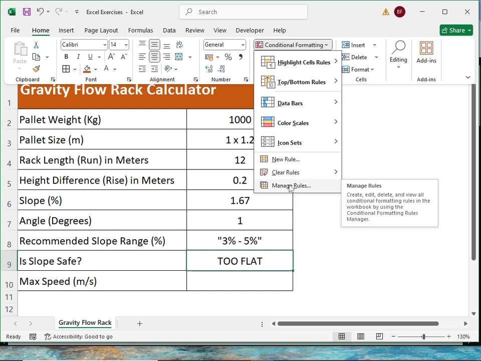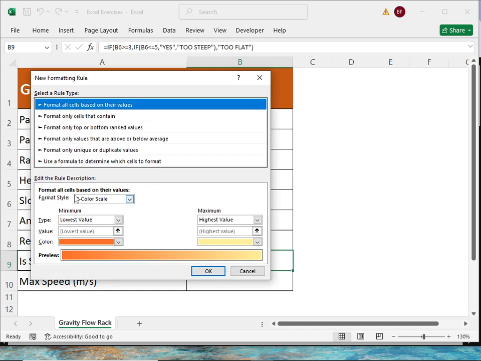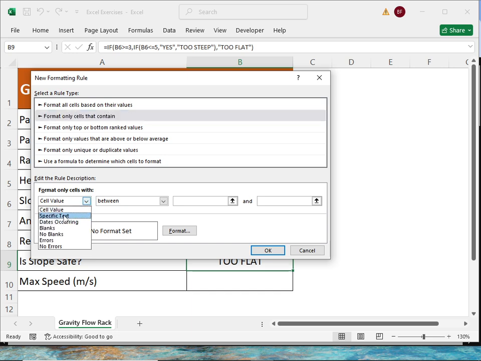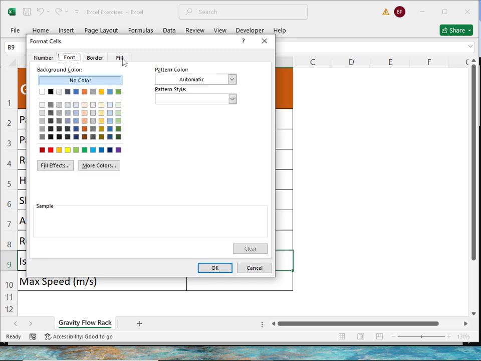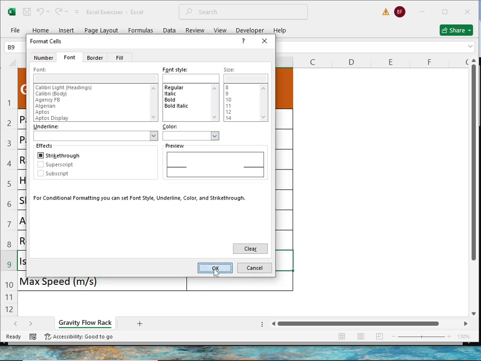Then I manage rules and add a new rule: format only cells that contain specific text, which is yes. In case the text is yes, the fill would be green and the font would be white. Then click OK.